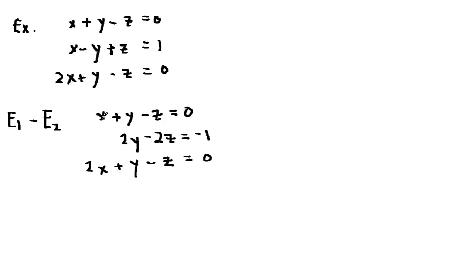Okay, now look at the first equation and the third equation. We want to get rid of that x term, so let's multiply the first equation by negative 2. Negative 2 times the first equation, and add that to the third equation. Alright.